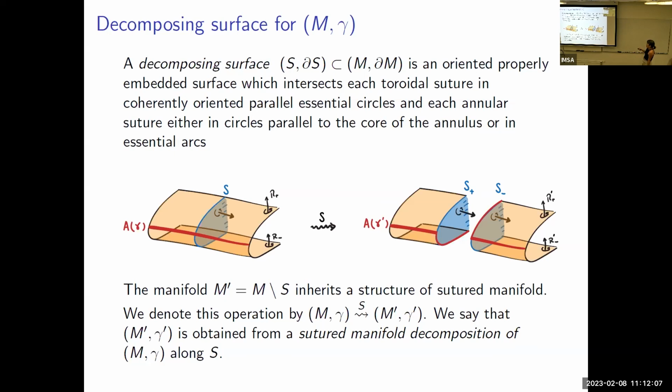I'm not giving the precise description of the inherited suture structure, but in this picture you can see what it means. We denote this operation by this symbol, and we say that M prime, gamma prime is obtained from a sutured manifold decomposition.